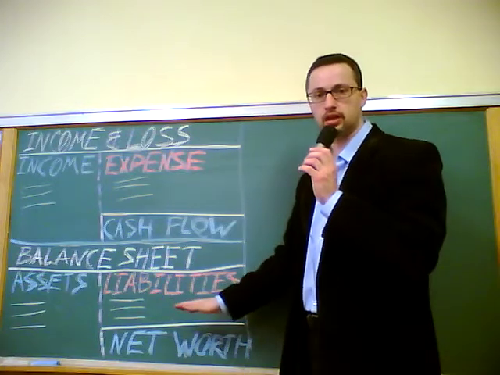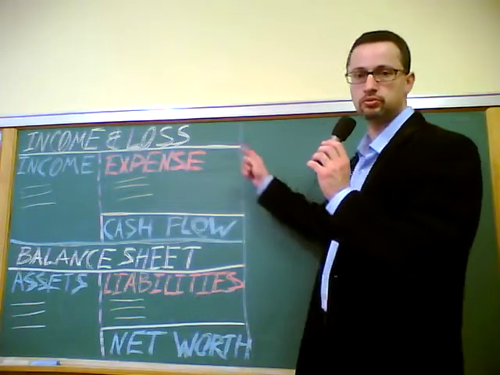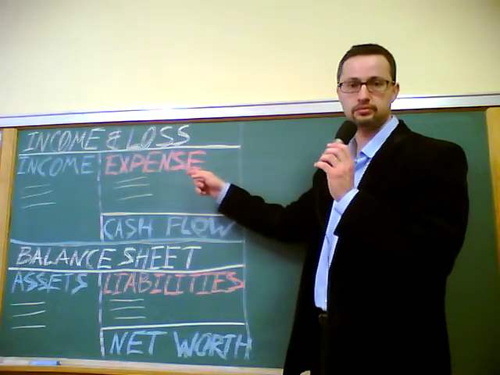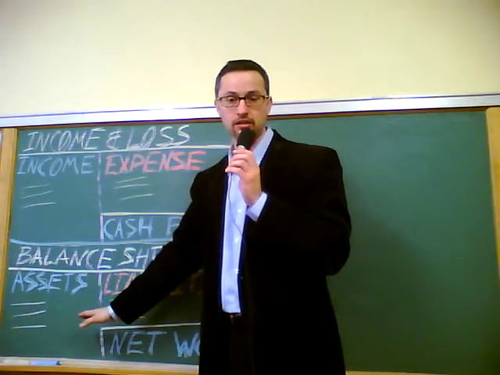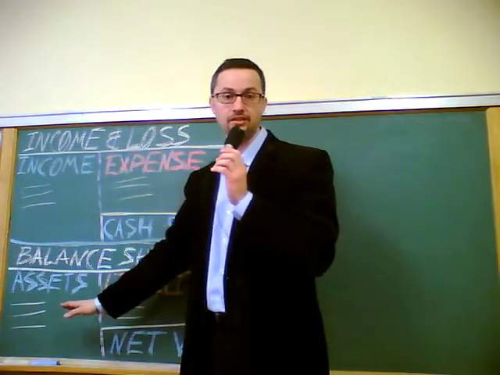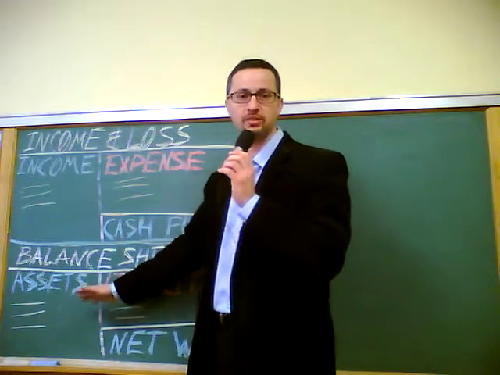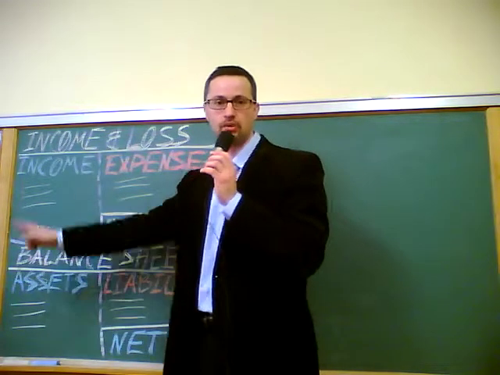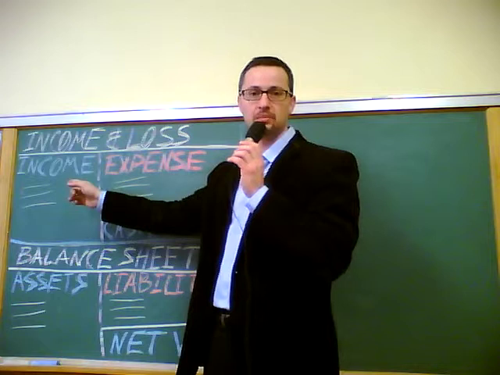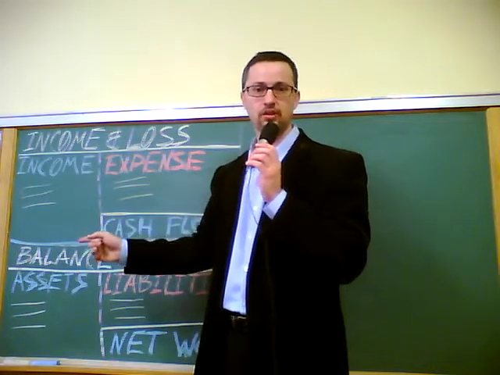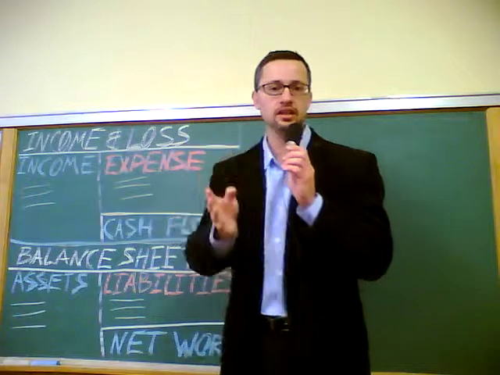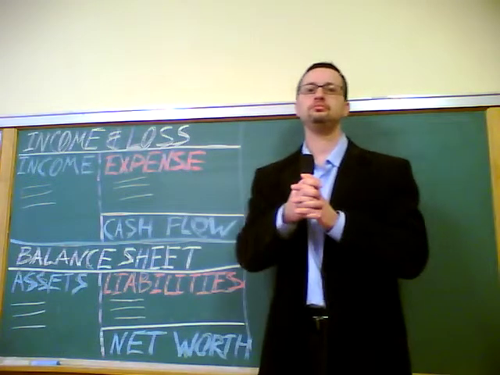Anything that's in the liabilities column is going to result in an expense. Anything that's in the asset column, you would think, will add to the income, but that's the problem. Not necessarily so.